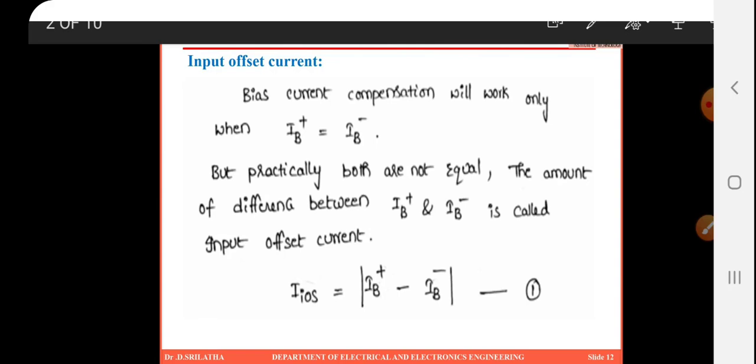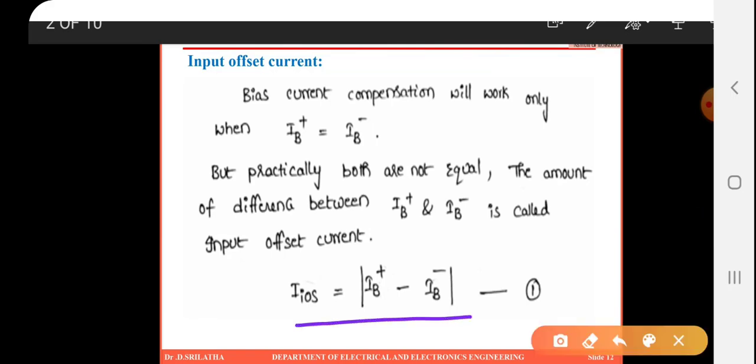That small mismatch leads to a difference in the two bias currents. So, the difference of these bias currents is known as input offset current. Let us say IB plus and IB minus are the two bias currents. The difference of these two bias currents is known as input offset current.